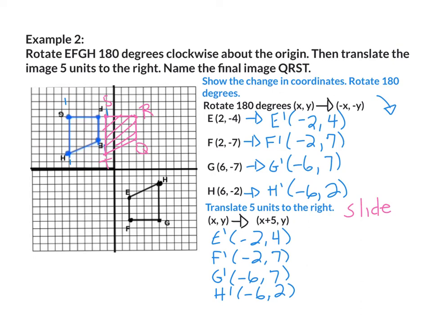Now I'm going to label my new coordinates. So what I notice is that since I added 5 to each x value, that means I'm going to add 5 to my x coordinate.